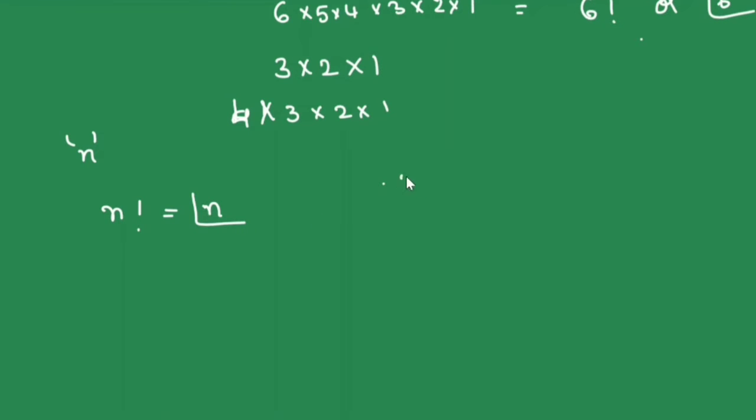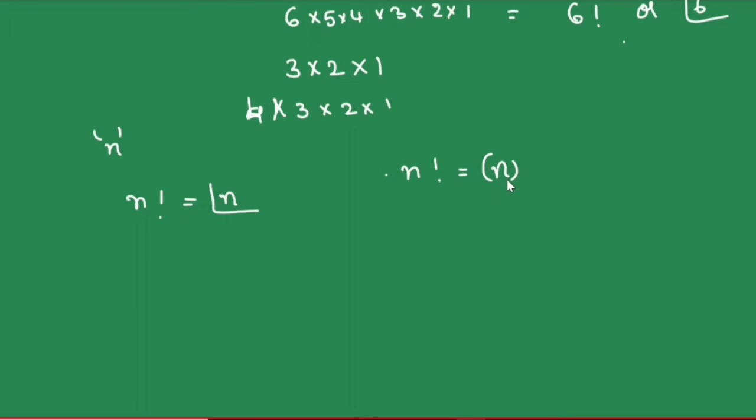So what is n factorial? You start with n. What is the next number? Subtract 1 from n, you get n minus 1. If it is 5 factorial, you write 5 into the next number.